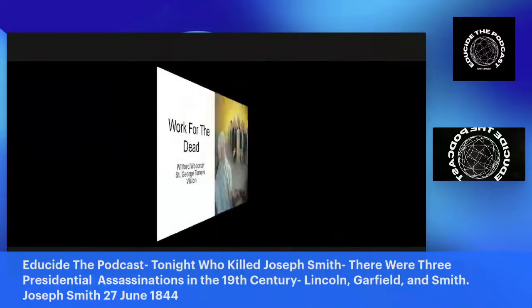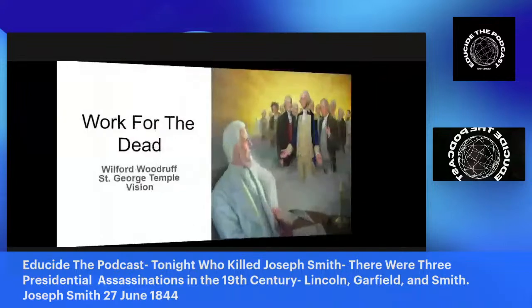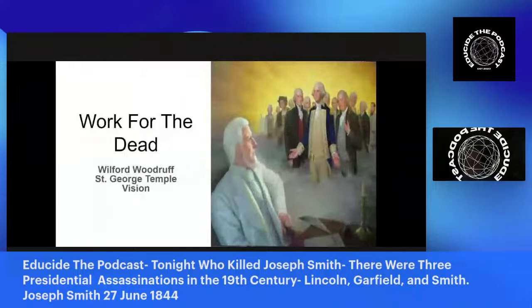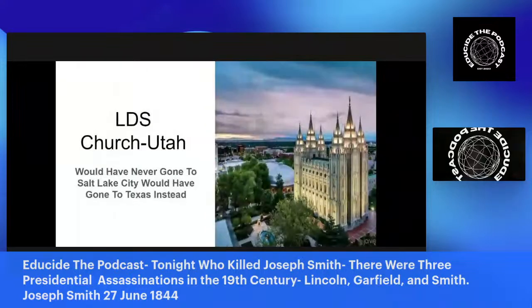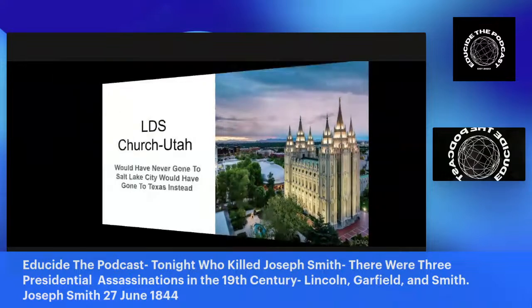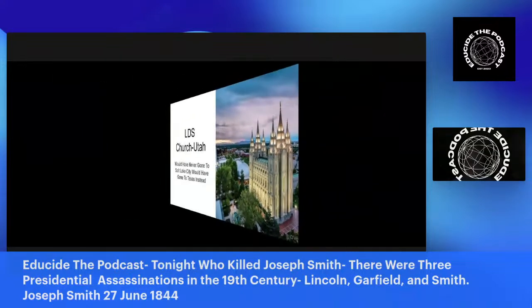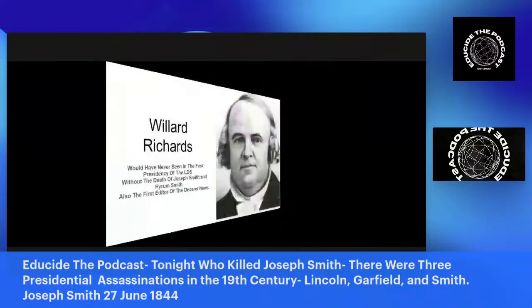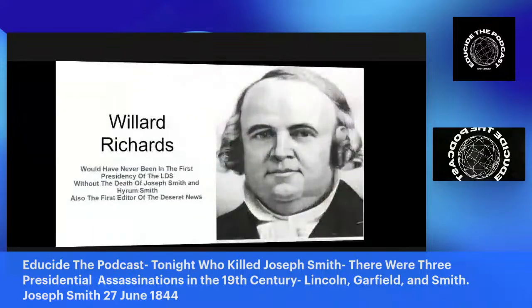Work for the dead. Wilford Woodruff has his vision of the St. George Temple. Never would have had it because he never would have been president of the church. The LDS Church in Utah would have never gone to Salt Lake City, would have gone to Texas instead. Willard Richards would never have been in the first presidency of the LDS Church without the deaths of Joseph Smith and Hiram Smith.